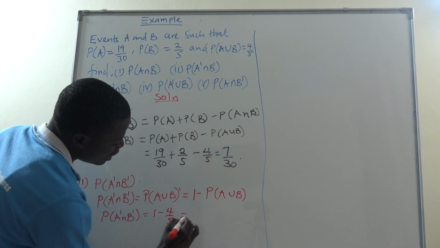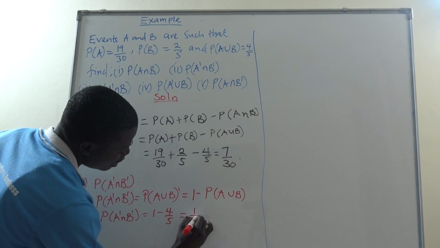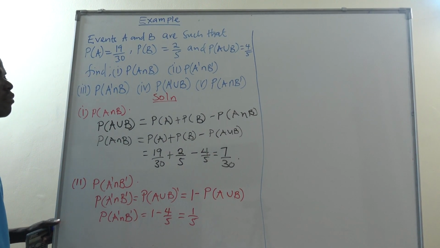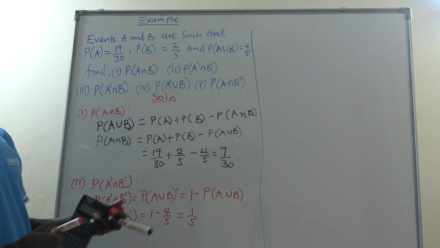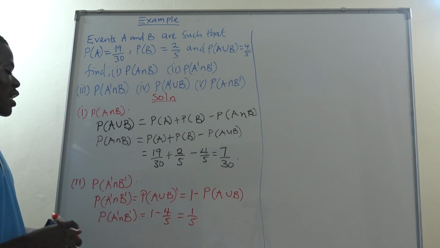So the answer here gives us a probability of 1 out of 5. Then that becomes our probability for the second part.